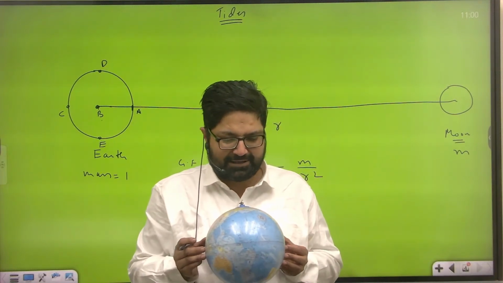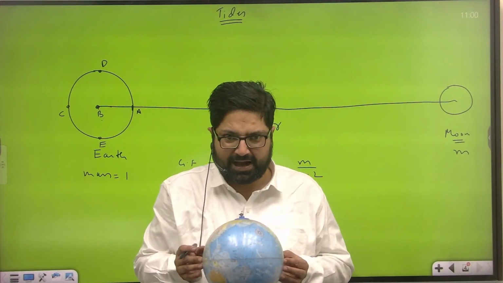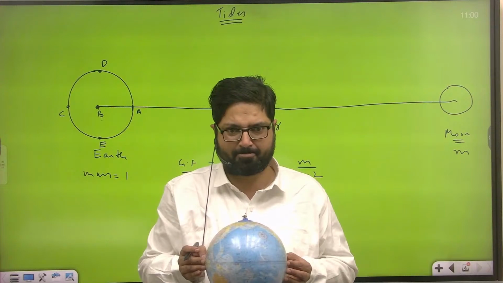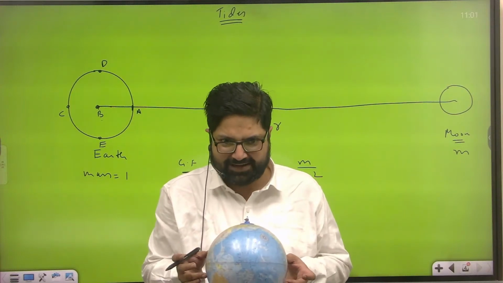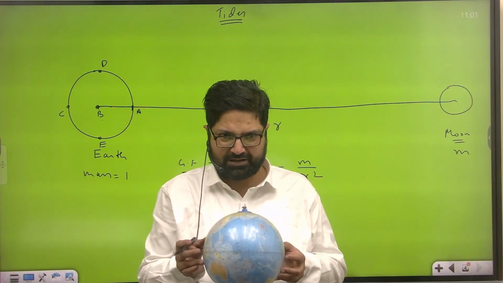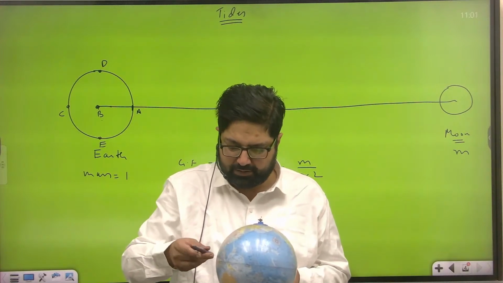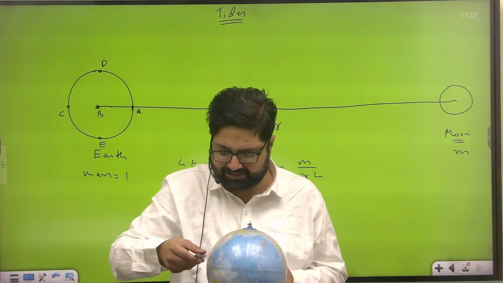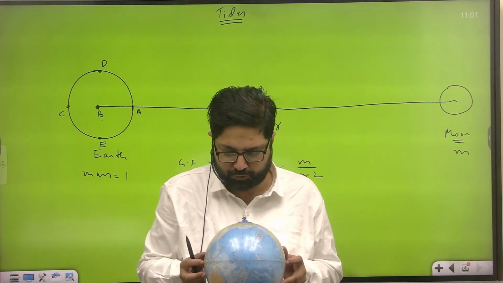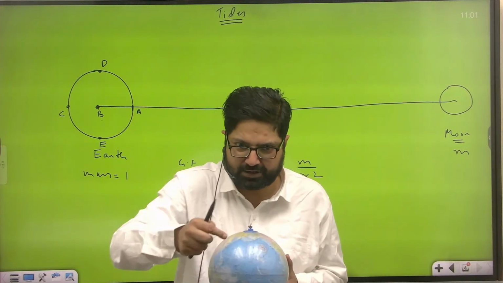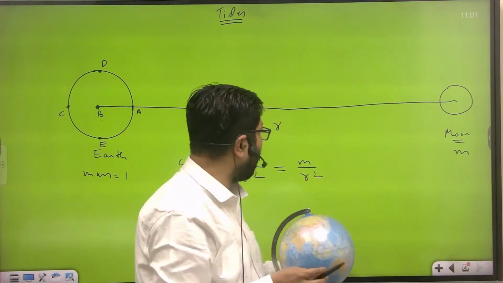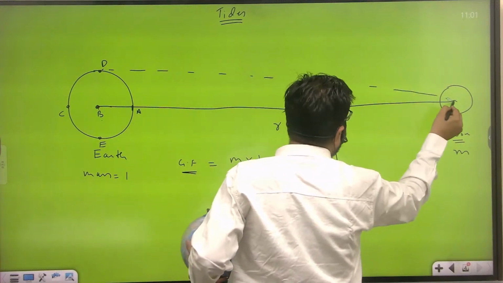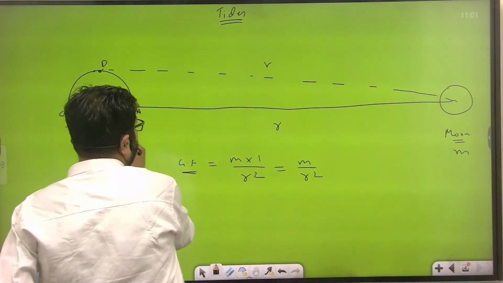The distance between these 2 points and the Moon center will also be almost r. D and E are these points. The distance between Earth center and Moon center, as well as these 2 points and the Moon center, will also be r.